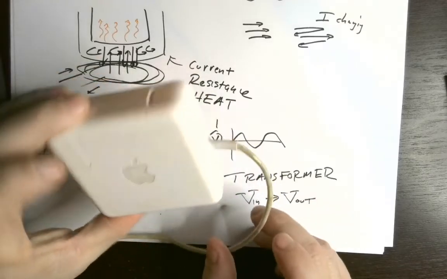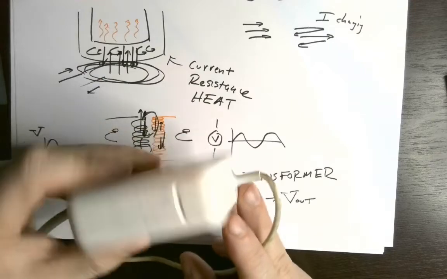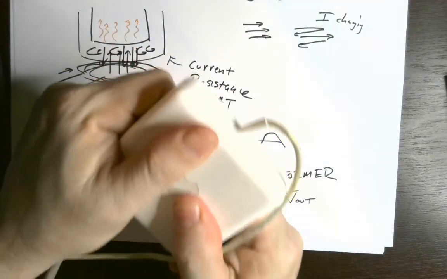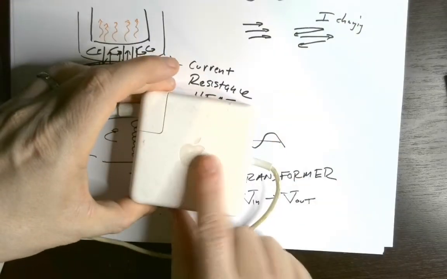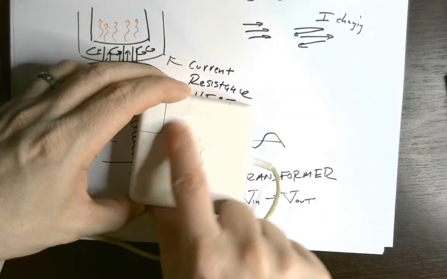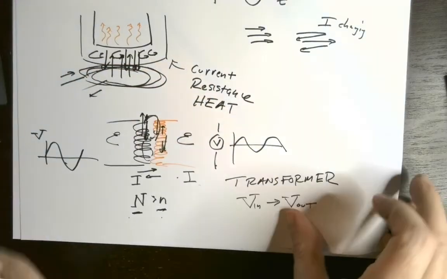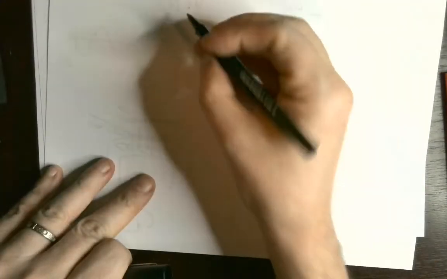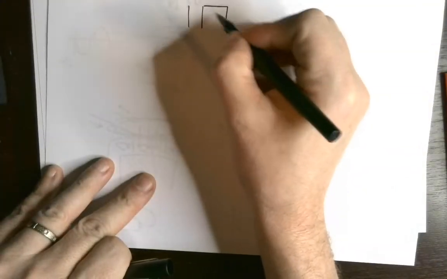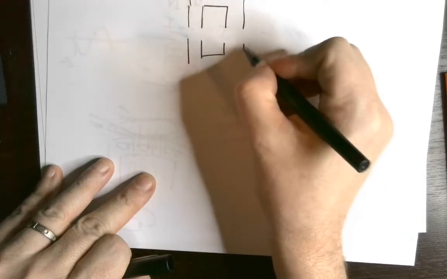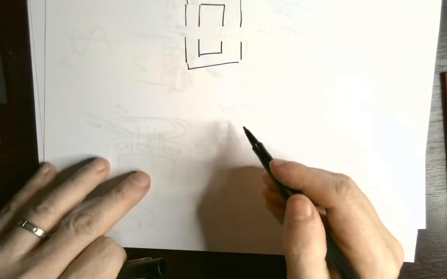One of the things that you notice about these is that they get really hot. They get warm. That heat comes from the resistive heating from the electrical current flowing through the coils inside of this transformer. Usually the way a transformer like this works is there'll be, at least in the olden days, usually a U-shaped piece of metal, like iron, that will guide the magnetic field lines from one coil to the other.